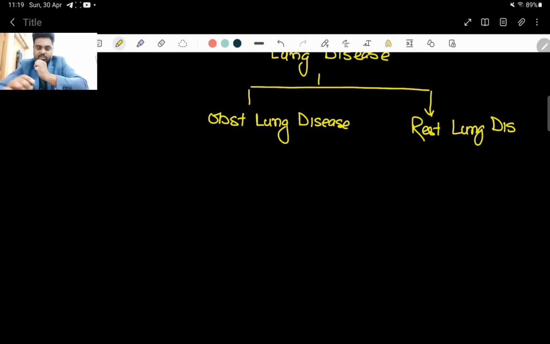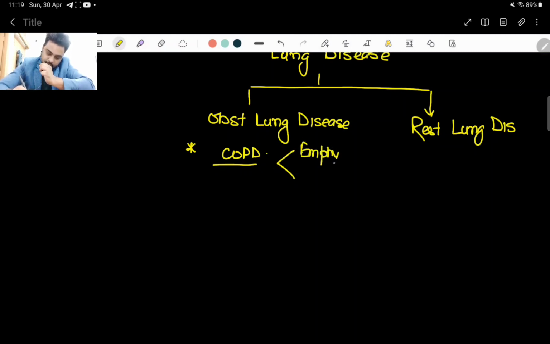Now in obstructive lung disease, the most important disease is COPD, chronic obstructive pulmonary disease, which contains two diseases. One is emphysema, where the main symptom is dyspnea, and the other is chronic bronchitis. Then the other disease is asthma.